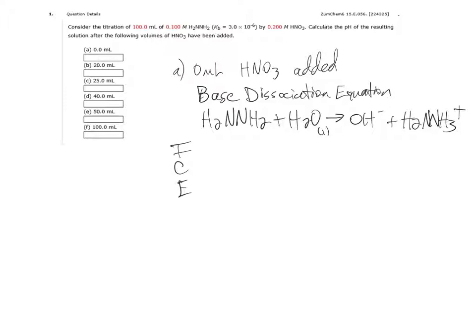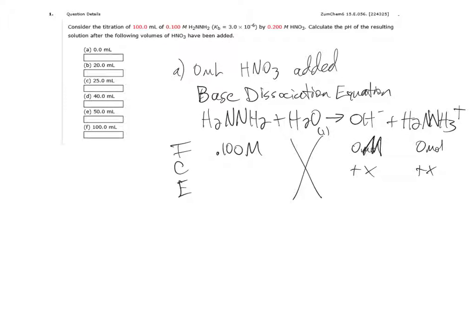Anytime you have liquid water in an ICE table, it drops out. And we'll work out this problem in units of molarity, whereas with reaction to completion tables, we have to work them out in units of number of moles. So initially we have no hydroxide and none of the conjugate acid of the weak base. So zeros under those.